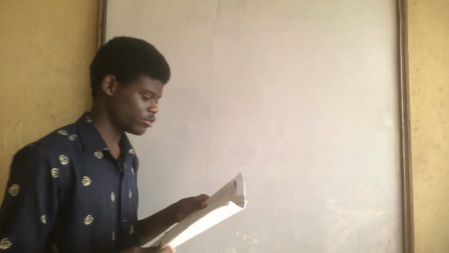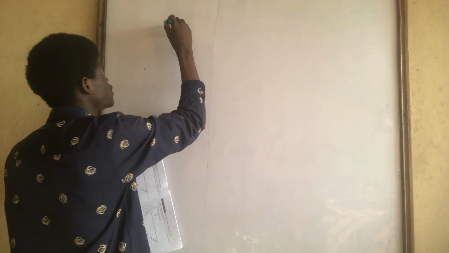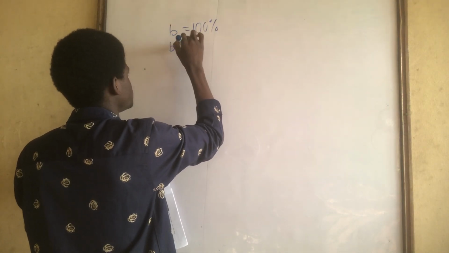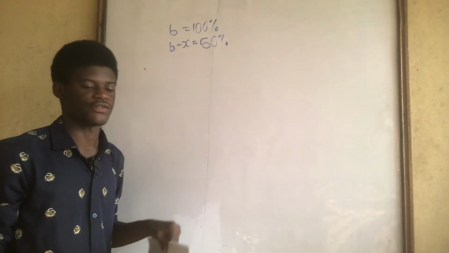So question number 34. At 25 degrees Celsius, the second order reaction is 50% complete. That means it is 50% incomplete, because the initial condition is 100%, and 100 minus 50 is still 50.